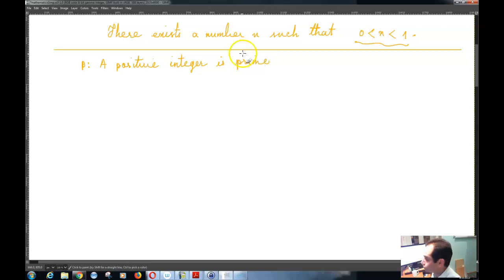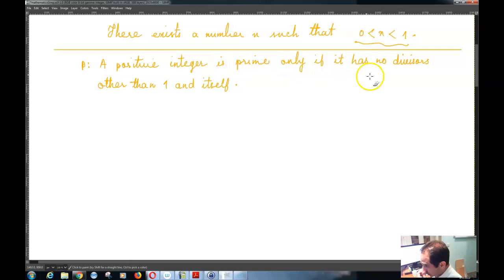A positive integer is prime only if it has no divisors other than 1 and itself.